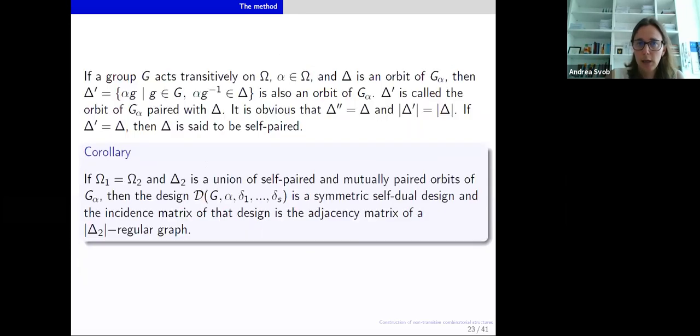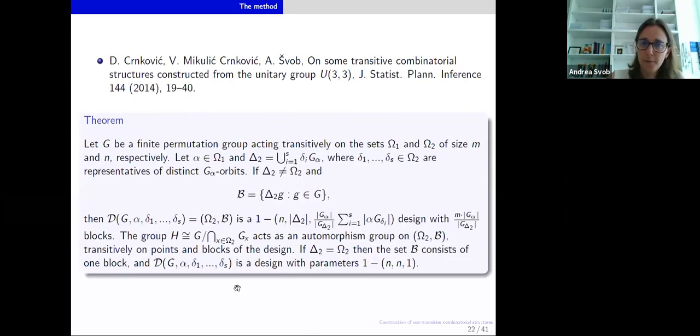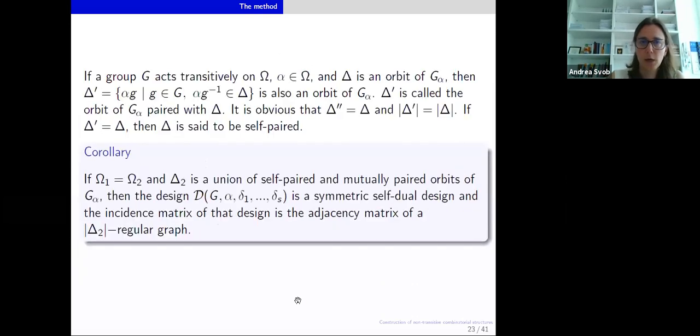Okay. In relation, especially here in this theorem, we were speaking about the construction of transitive one designs. We also remarked that this method can be used for constructing transitive graphs.